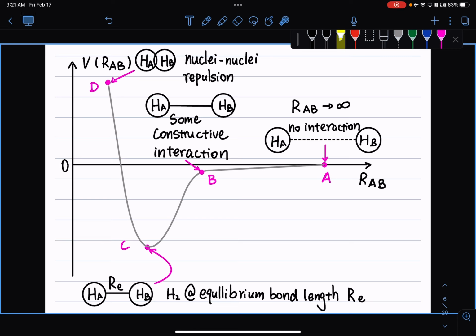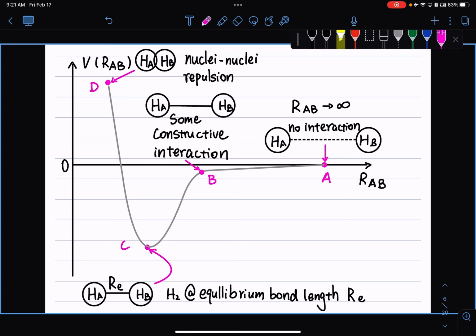And imagine when these two atoms are coming closer to each other, they start to feel some kind of interaction, so the potential energy is going down. That's an attractive force between the two atoms. It keeps going down until it reaches around the equilibrium bond length at about Re. So here is where your chemical bond formation is taking place.